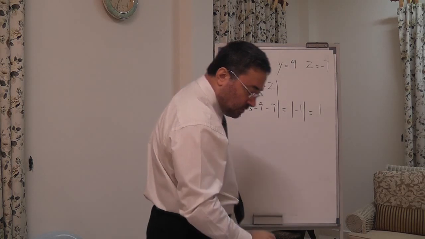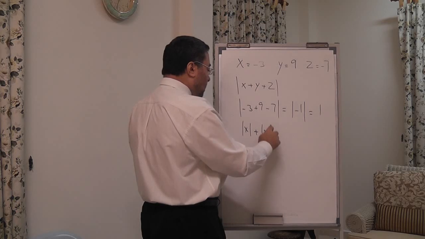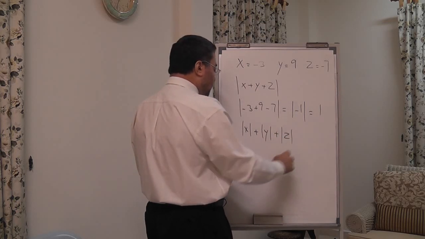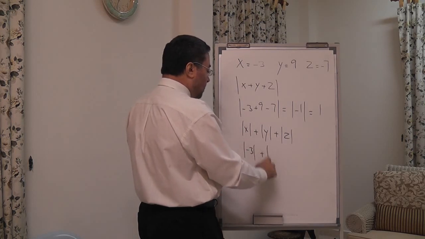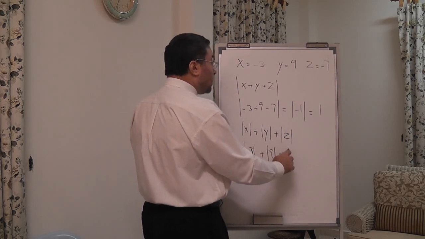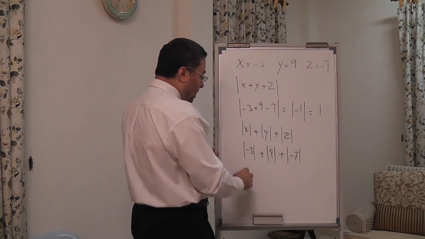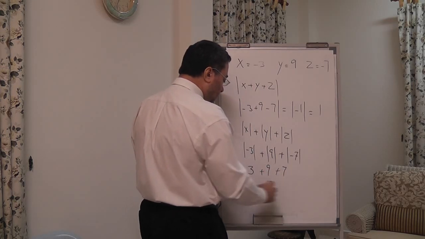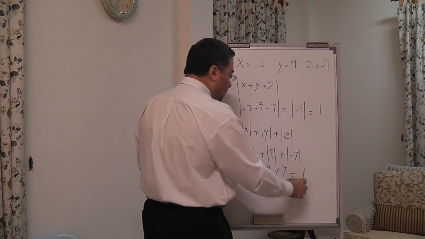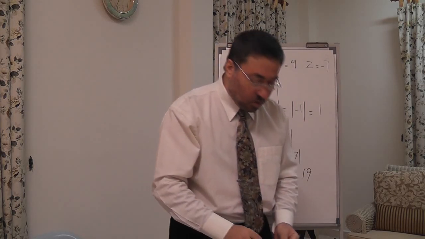Number 67, absolute x plus absolute y plus absolute z, and here x is minus 3, y is 9, and z is minus 7. These come out from the absolute as positive. 3 and 7, 10, and 9 is 19, and that's the answer for number 67. With this, we come to the end of this session, and we hope to see you again.